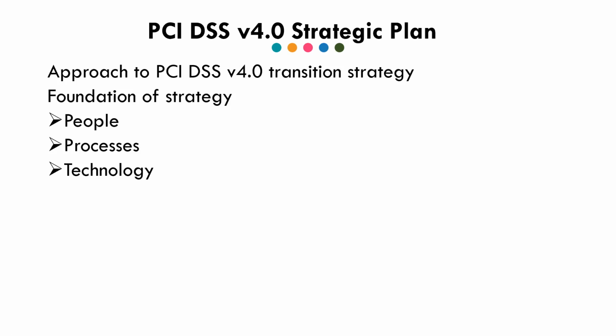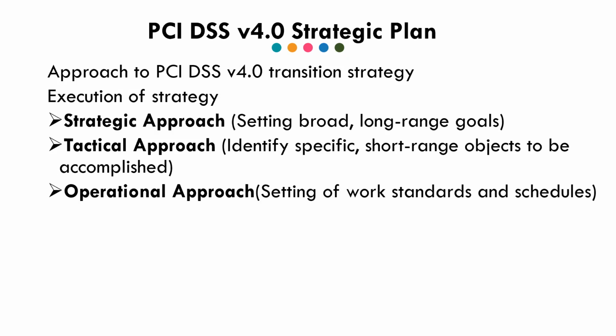So for us at Eretmis, this is our approach to coming up with a strategic plan for your transition. Once we've looked at it that way, we integrate that with your strategic, tactical, and operational approach as well.